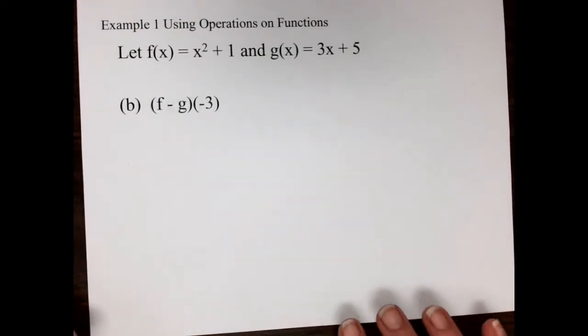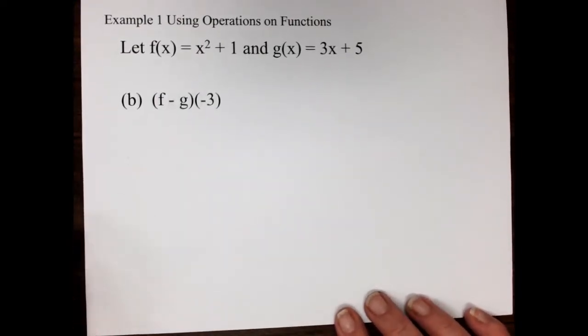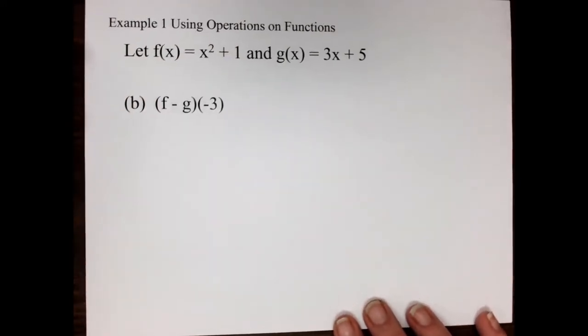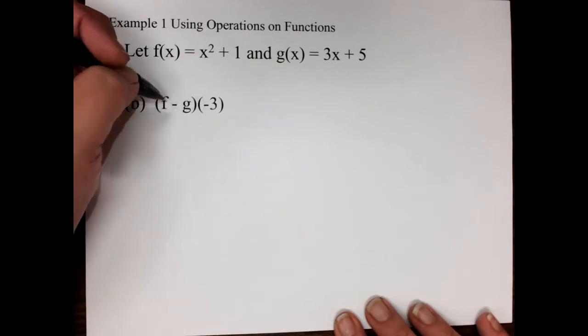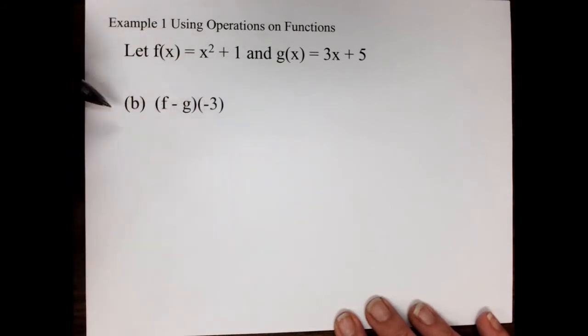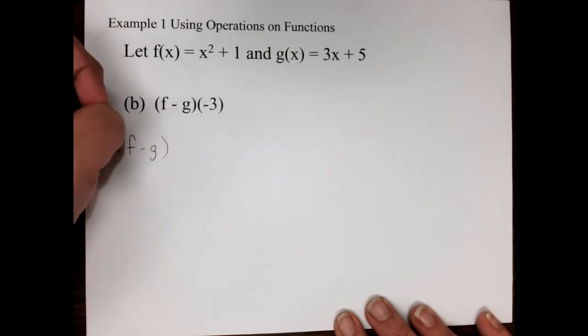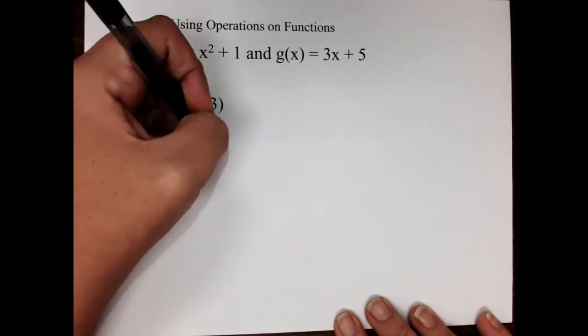Now let's do one where we're subtracting. Here we've got f of x is x squared plus 1, g of x is 3x plus 5, and we want to calculate f minus g of negative 3. So let's go ahead first and find f minus g of x.